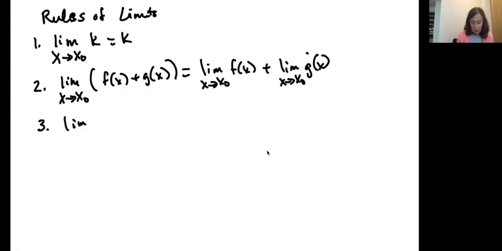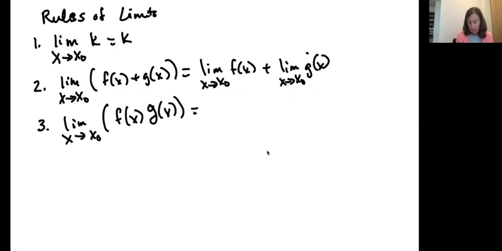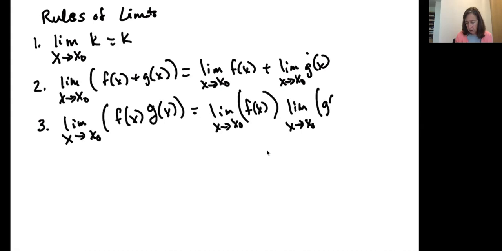Same for multiplication. The limit as x goes to x0 of f of x times g of x equals the limit as x goes to x0 of f of x times the limit as x goes to x0 of g of x. Okay, I'm going to need to add a qualification to both of these. So I'm going to put some asterisks here just to remind myself to go back over that.